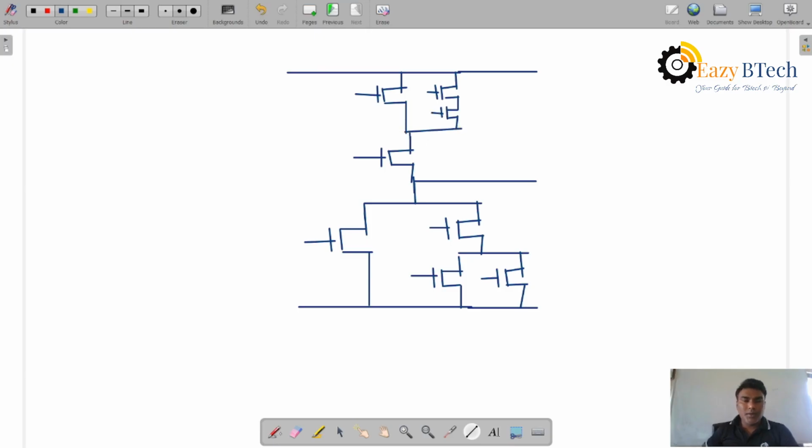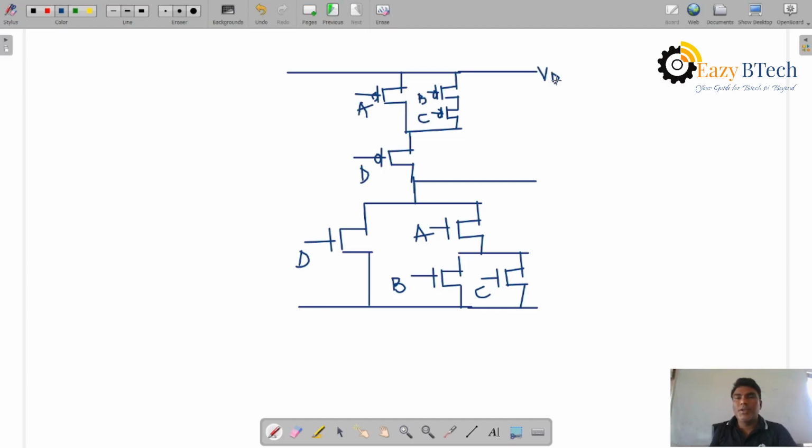So this is the representation, and the bubble is here. PMOS means bubble representation. So this is D. A and BC are parallel, and A is in series with B plus C. So this is D, and A is in series, and B and C are parallel.